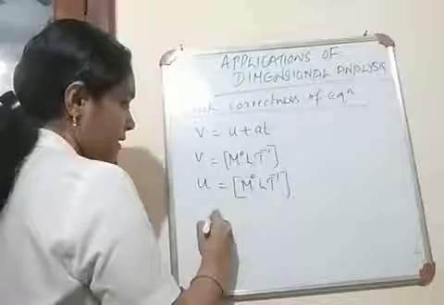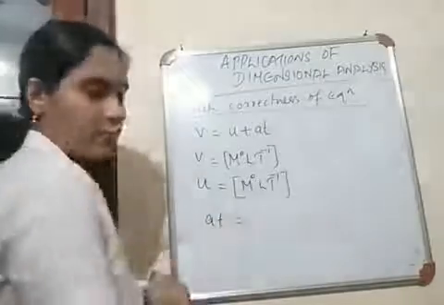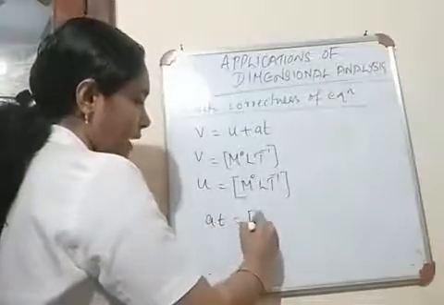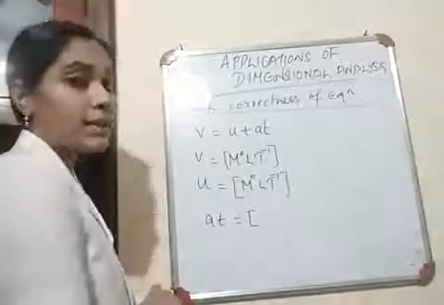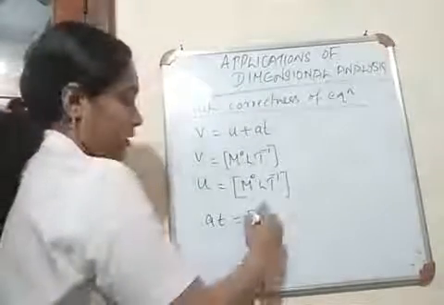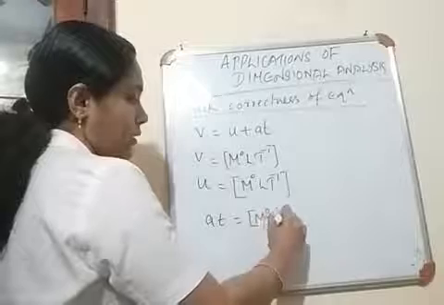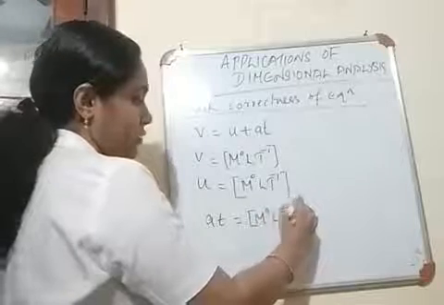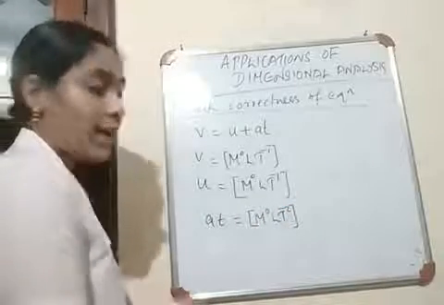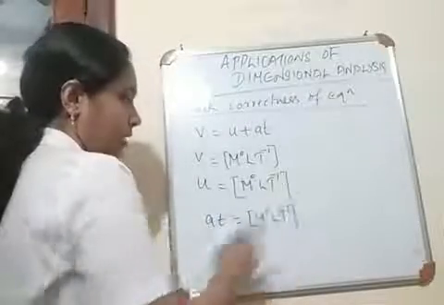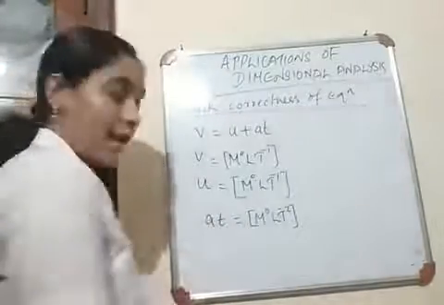And next is acceleration, a into t. First we need to write the dimension of acceleration. What is the dimension of acceleration? M raised to 0 L T raised to minus 2. This is the dimension for acceleration. Then what is the dimension for time?